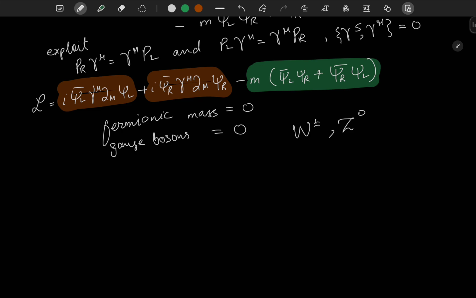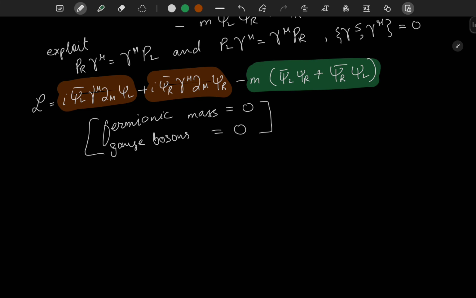But while developing this Lagrangian, we will consider the gauge bosons and also the fermionic mass to be 0, and later after we have developed the Lagrangian, we will give mass to gauge bosons and fermions by the Higgs mechanism, and for now we will carry on keeping in mind that the fermions and gauge bosons are massless.